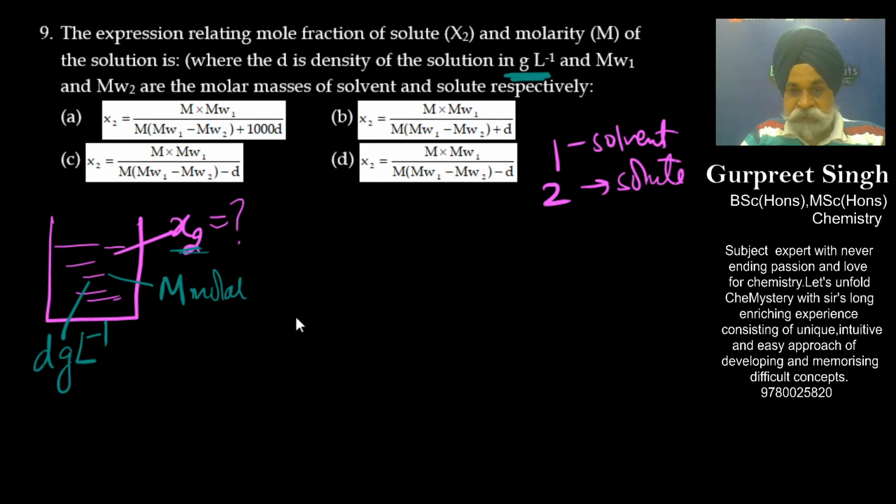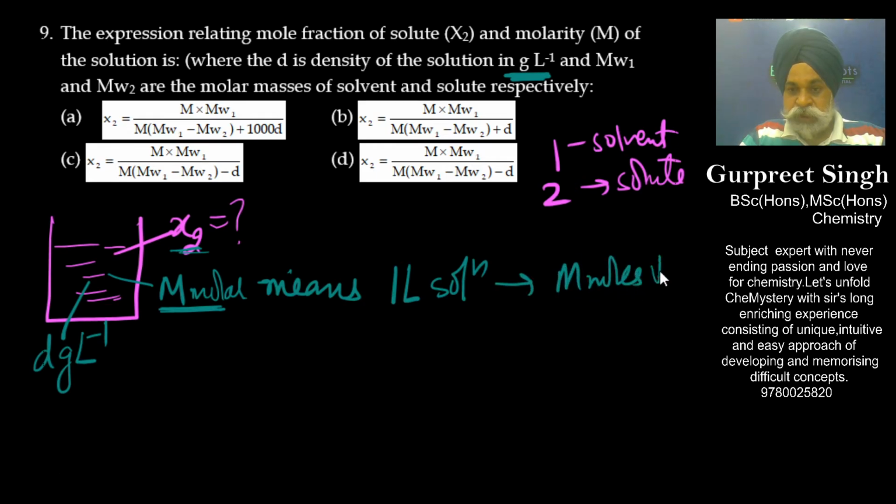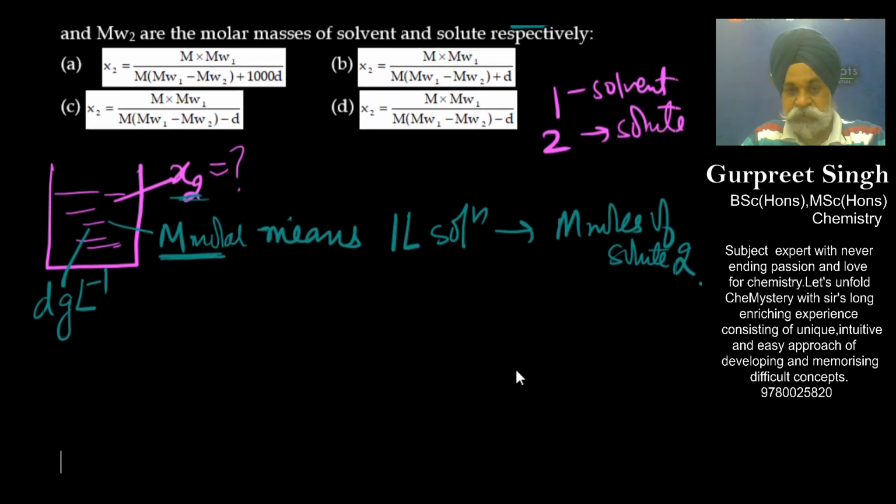So basically what we shall be doing is, first I would address this one. What does it mean? M molar means 1 liter of solution is containing M moles of solute 2. This is what the simple statement can be written as.